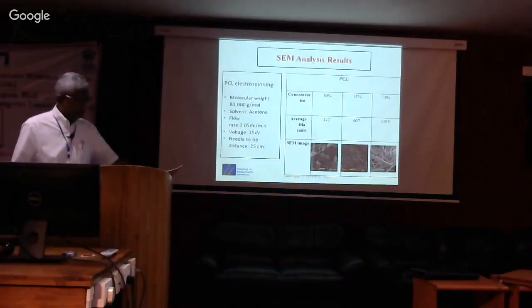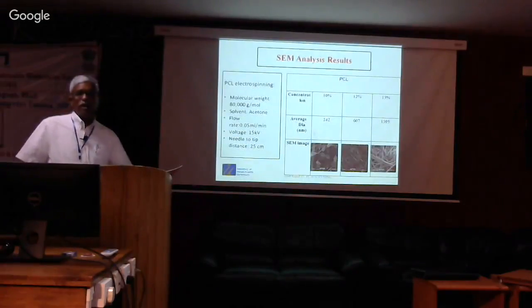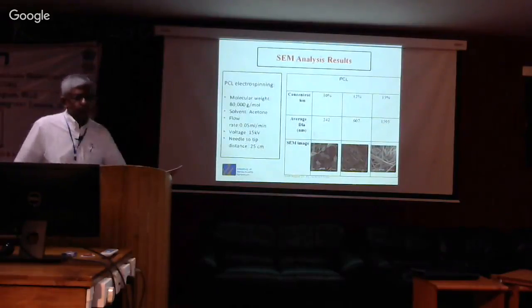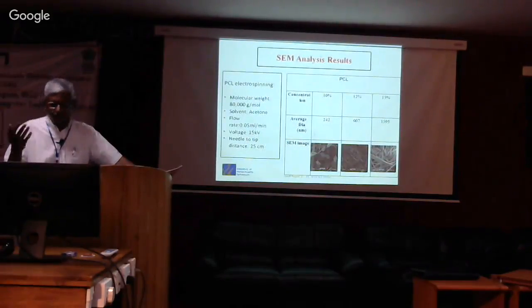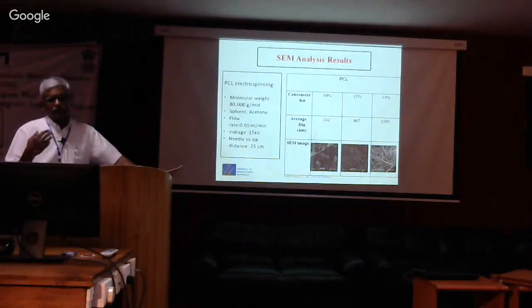We were kind of surprised. We started with PCL from one vendor, and we were pretty successful. And then we ran out of that batch, and we bought another batch from the same supplier.